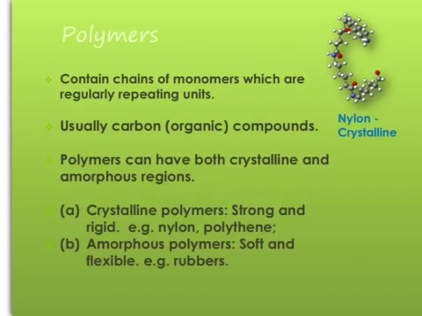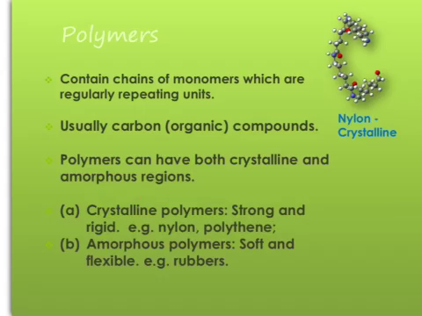The last type of structure we're looking at is that of polymers, like this one here. They contain chains of monomers which are regularly repeating units, usually carbon or organic compounds. Polymers can have both crystalline and amorphous regions.